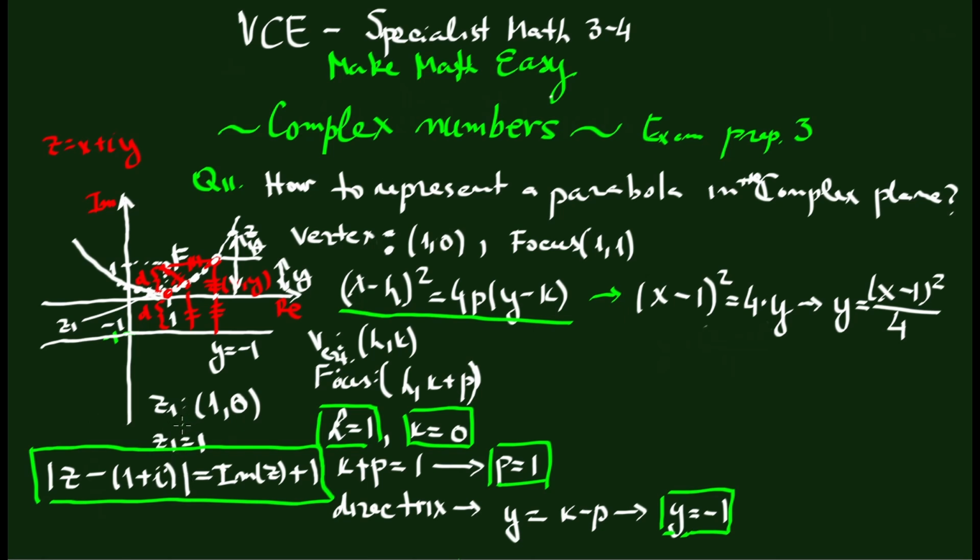But how do we prove it? Is that correct? Let's do it the other way. It can be proven or written another way. We do know our equation of the parabola in the Cartesian plane. That's our y.